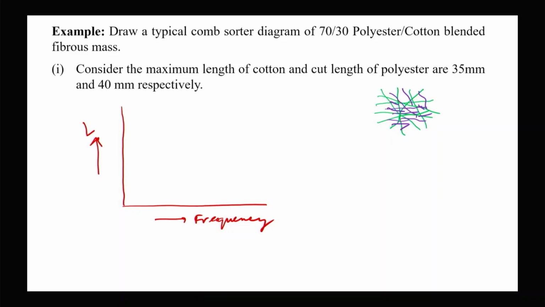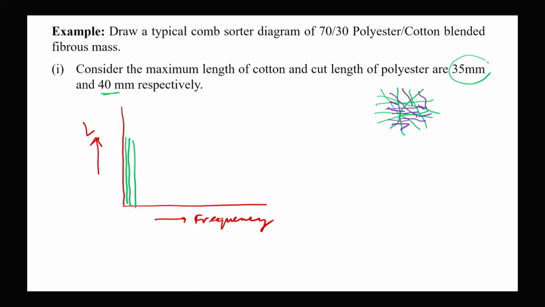The cut length of polyester fiber is 40 mm, which is longer than the maximum length of cotton. So during the comb sorter process, we will first sort the polyester fibers.